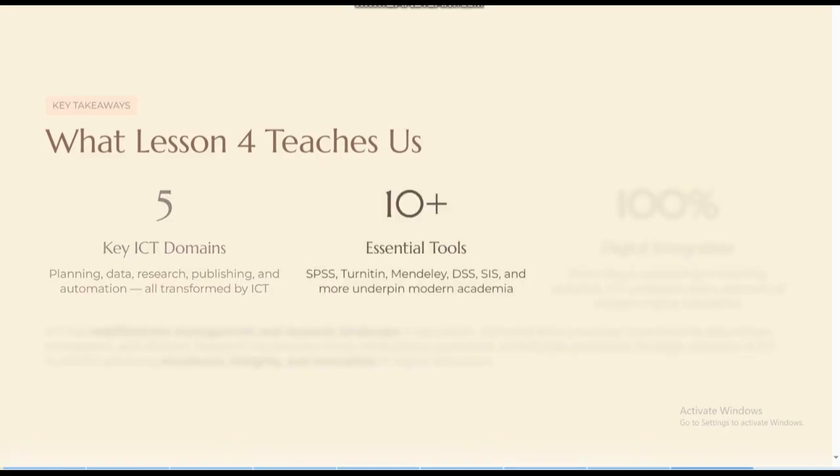We have looked at over 10 essential tools used in modern academia, and I encourage each and every one of us to Google these online, download and explore them. If you need a guide or video on how to work with these tools, you can drop it in the comment section, and I can do a session on that.